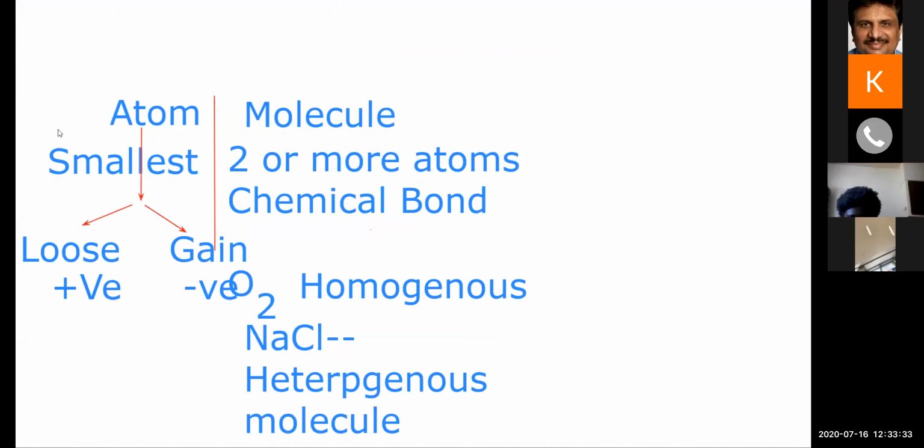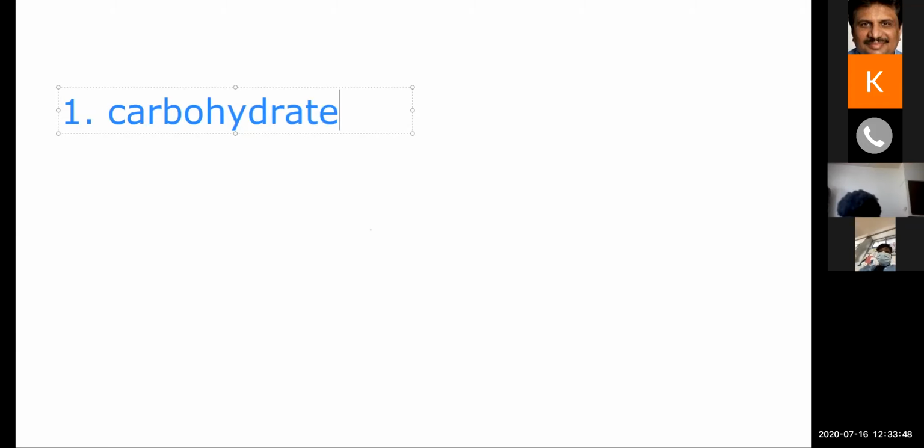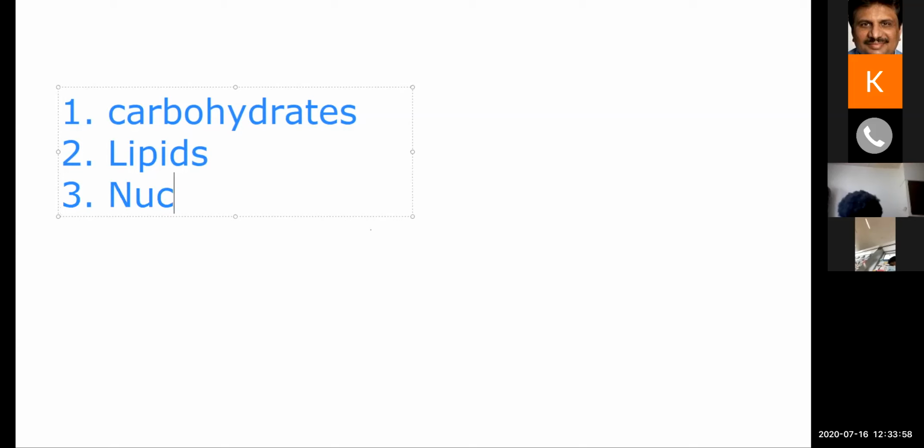So the four major biomolecules are carbohydrates, second is lipids or fats, third is nucleic acids, and fourth one is proteins.